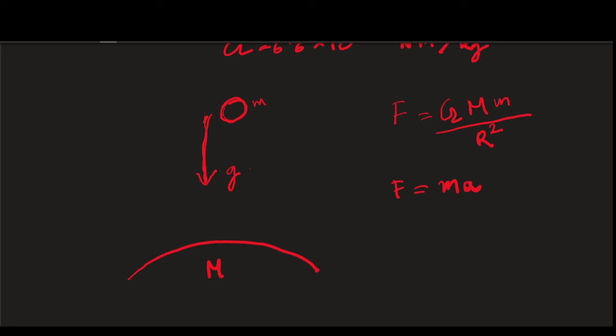This small g is the acceleration due to gravity, means the acceleration caused to the apple due to the gravitational attraction of the earth. And the value of g is equal to 9.8 meter per second square. So here we can replace a by small g.